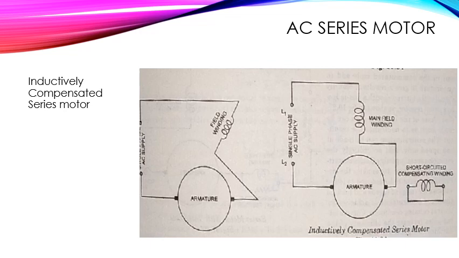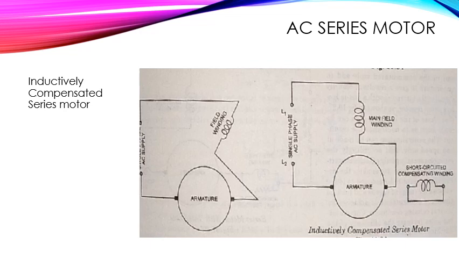So this is the other method, in which the compensating winding is short circuited so that it behaves like the short circuited secondary of a transformer, of which the primary is the armature winding, and that's why in this case the compensating winding is excited inductively.